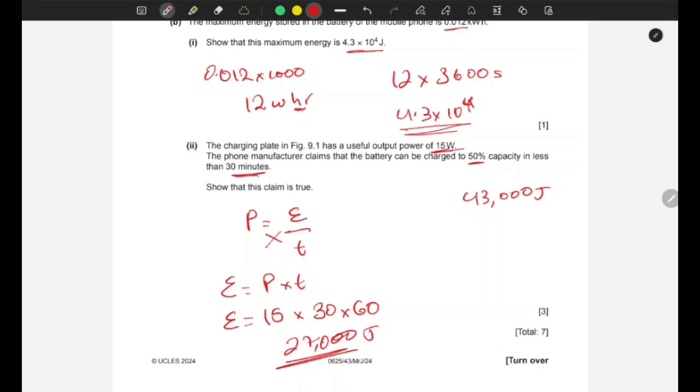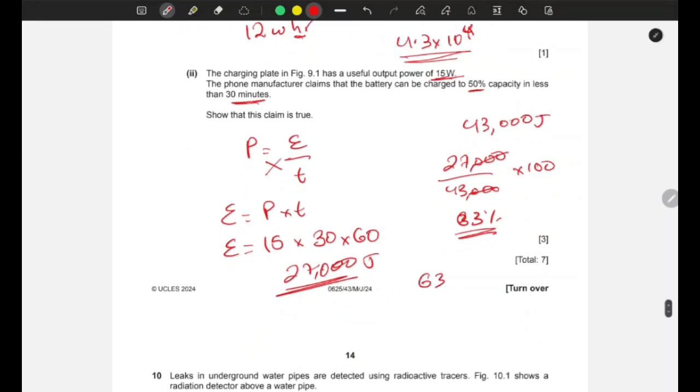That's the maximum energy. So now we just have to find the percentage. 27,000 over 43,000 times 100 would give us 63% approximately. So in 30 minutes, it has charged to 63%, and 63% is greater than 50%. So yeah, the claim is true. It can charge over 50% in 30 minutes.